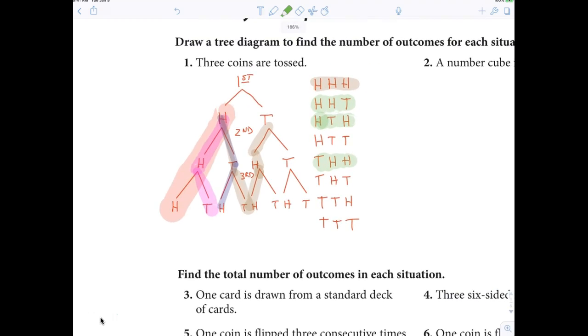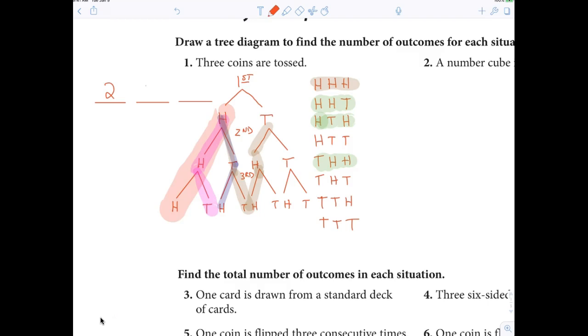So now I want you to look up here. I knew it was 8 already because we're doing 3 different events. So here's what I want you to write down next, right next to your tree diagram. Now, the fundamental counting principle is simply telling you how to figure out how many total there are. So when you flip a coin, how many options are there? 2. So we put a 2 right here. You flip the coin again, how many options do you have?